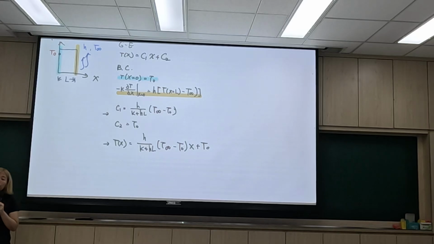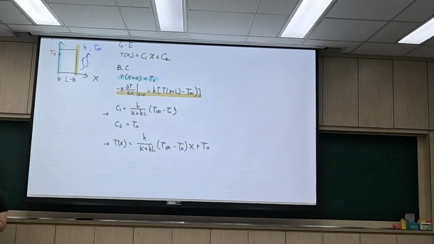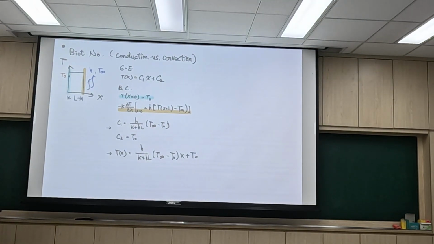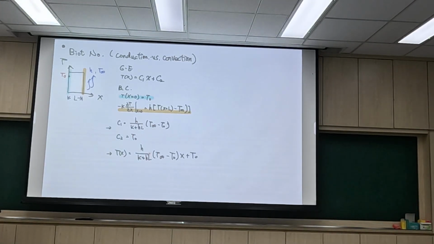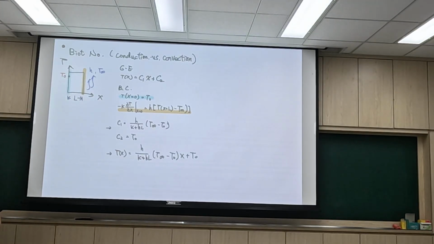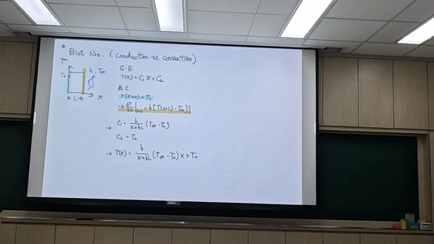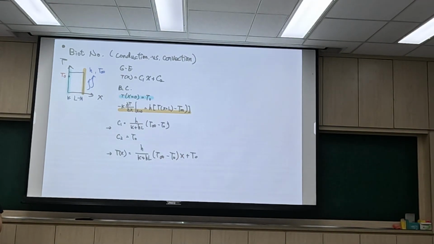Now we need to play a little trick with the equation for dimensional analysis. As I mentioned about 10 minutes ago, usually if we see something with the dimension of length, for example x, then we want to make it dimensionless.